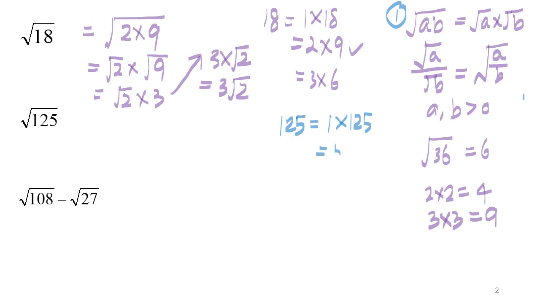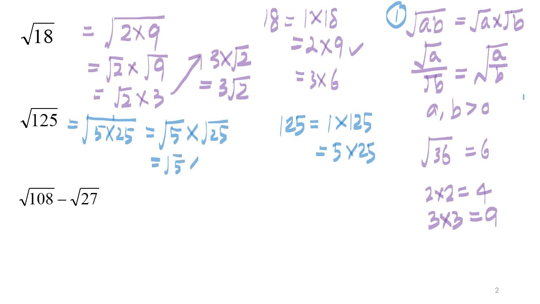So we should try 5. 5 times 25 gives you 125, and 25 is actually a perfect square. So we can rewrite 125 as 5 times 25, and then apply rule 1, which gives us square root 5 times square root 25. Square root 25 gives us 5, so we write it as 5 square root 5.